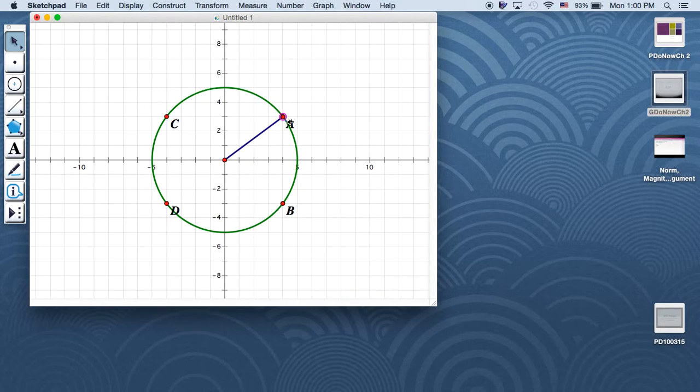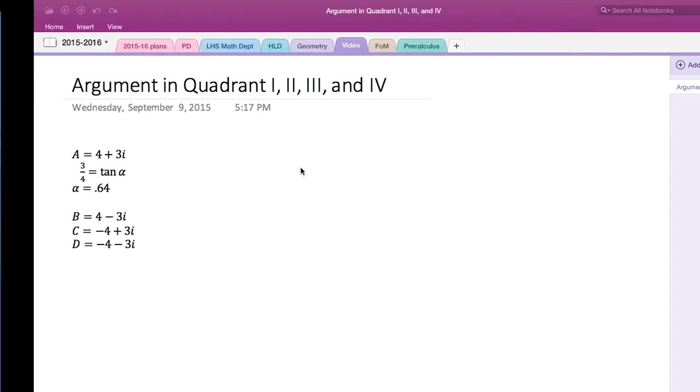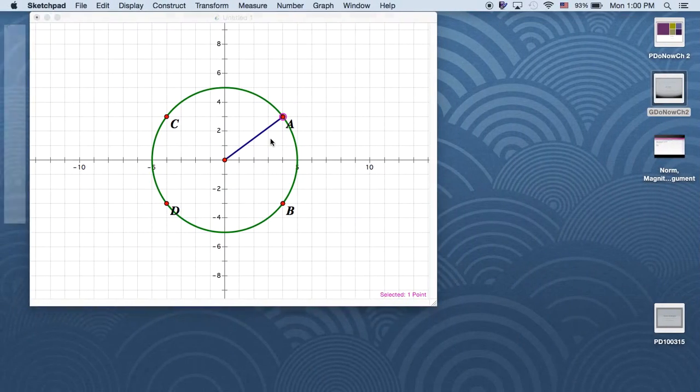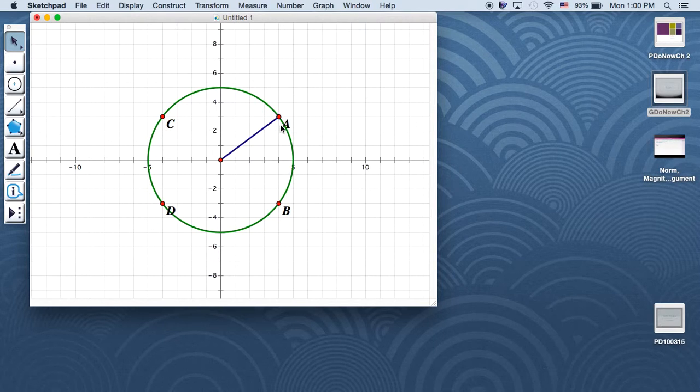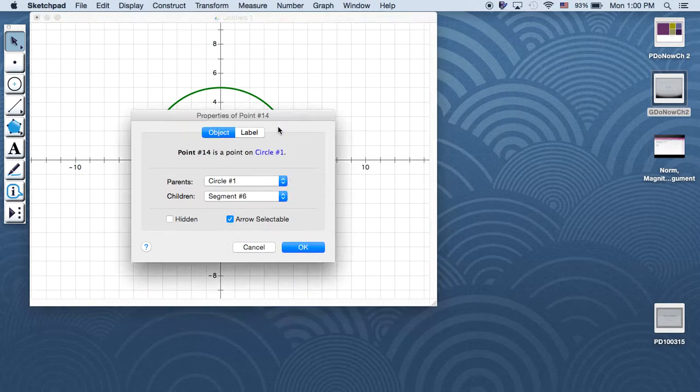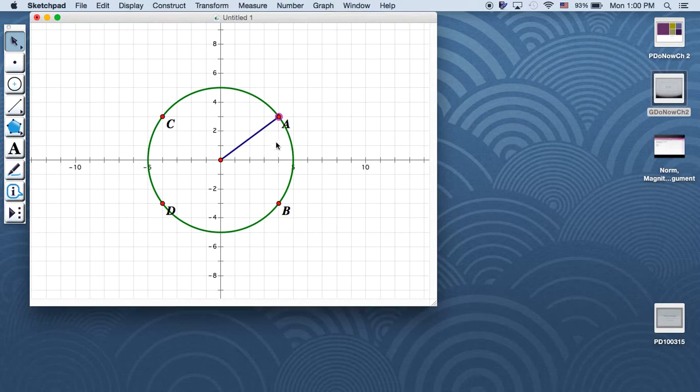And then to go to point B, it will give you negative 0.64. And if you get negative 0.64, you've got to go backwards from the starting point.